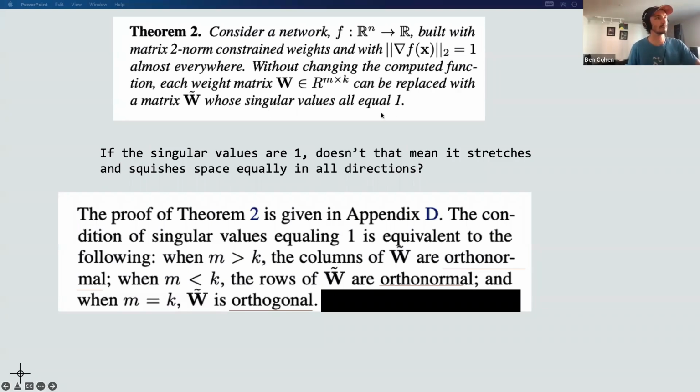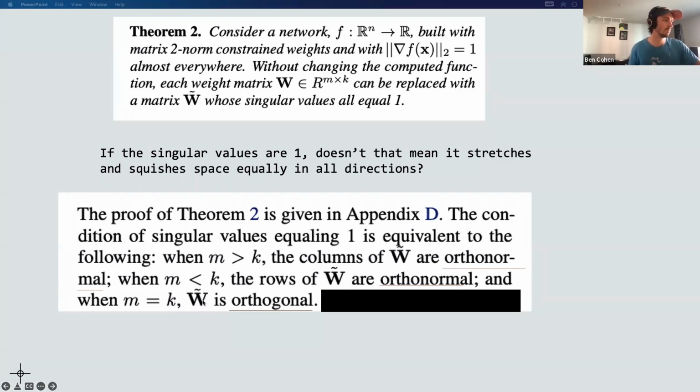And when I read this, I was kind of like, well, wait a minute, if the singular values are all equal to 1, that tells me it's stretching and squishing space equally in all the different directions that W is warping space. And I guess they show something kind of similar in the proof. They basically say that depending on the dimensions M and K, you either get orthonormal rows or columns.